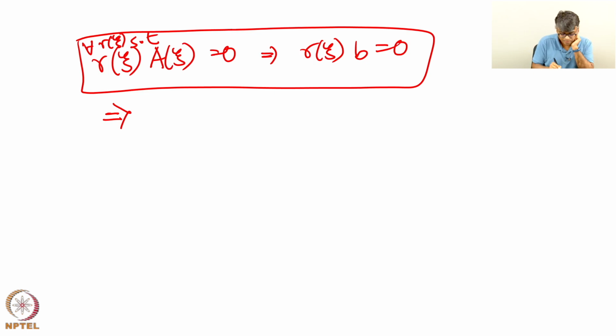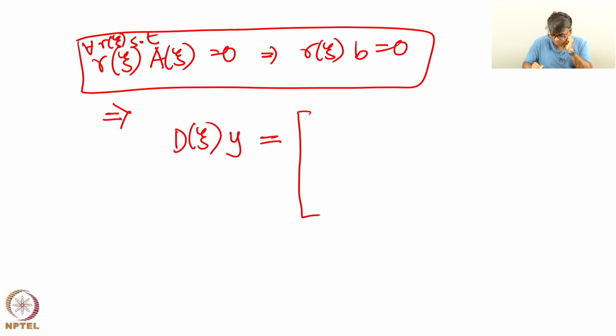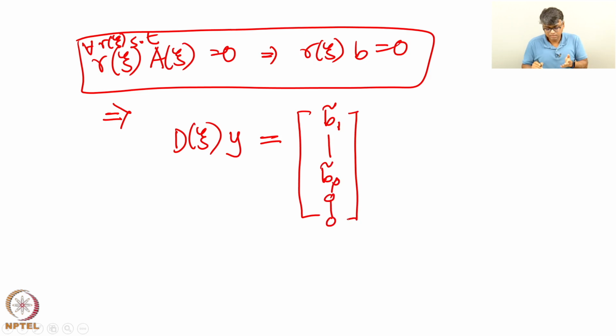This means that we are dealing with this situation. We have u xi, we have d xi y equal to b tilde, where b tilde has the form b1 tilde up to b rho tilde and 0, like this. The question is, does this mean we have a solution for y?